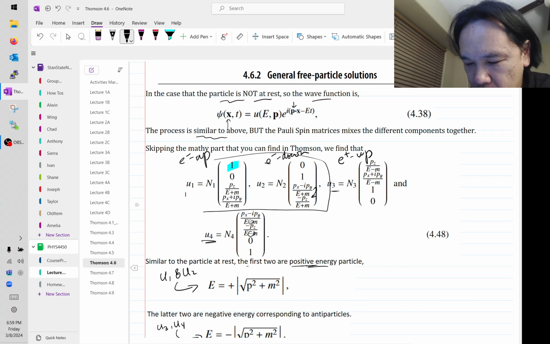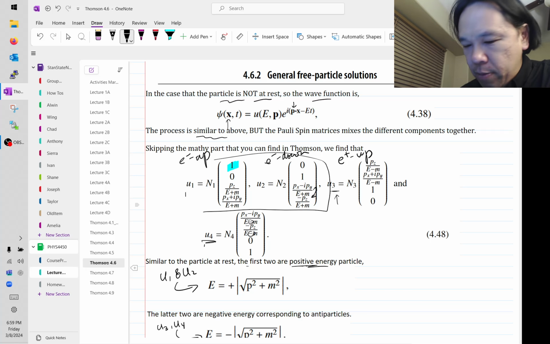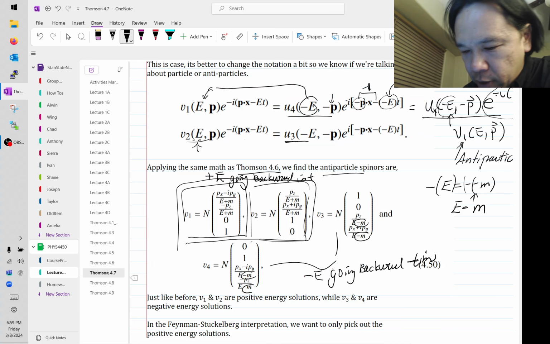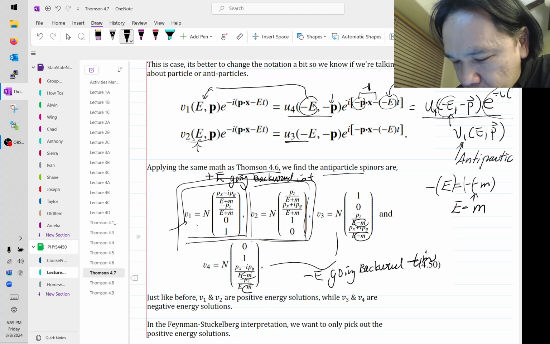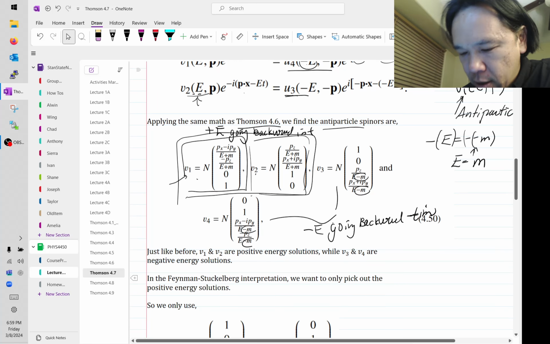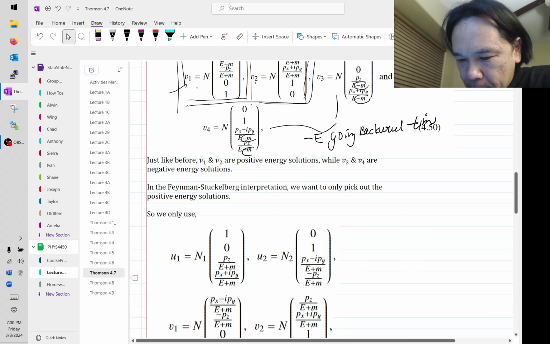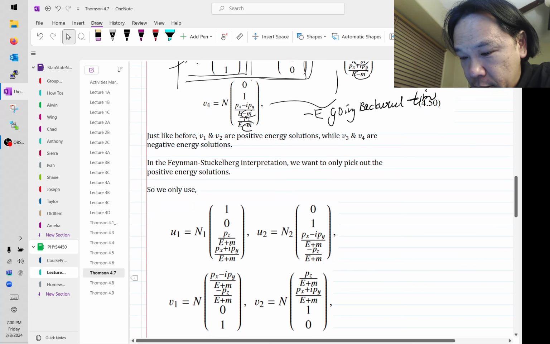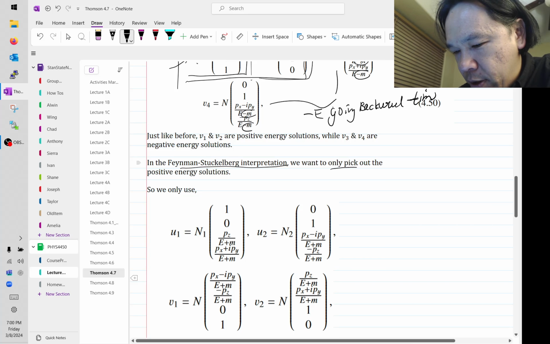As long as we make v1 using u4 and v2 using u3, we still have all the possible solutions to the Dirac equation, if we define v1 in terms of u4 and v2 in terms of u3, by just flipping the sign of the energy and time.